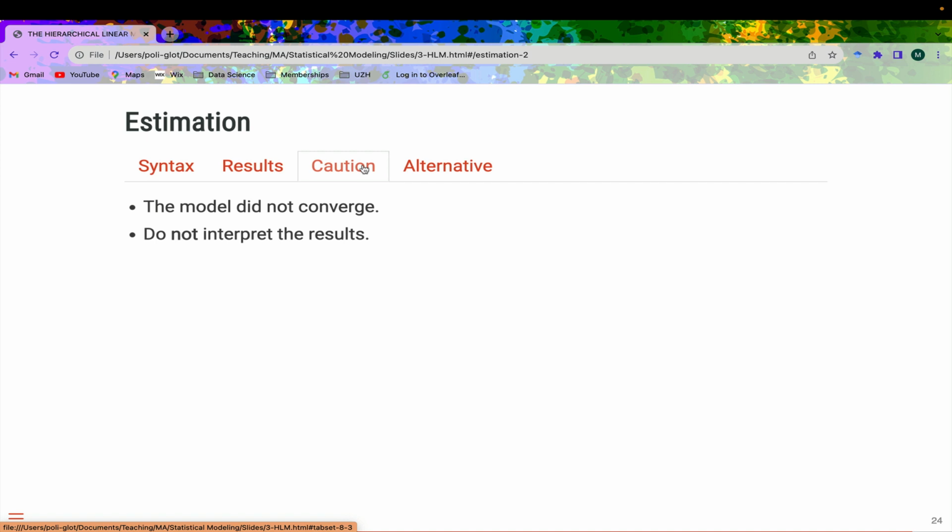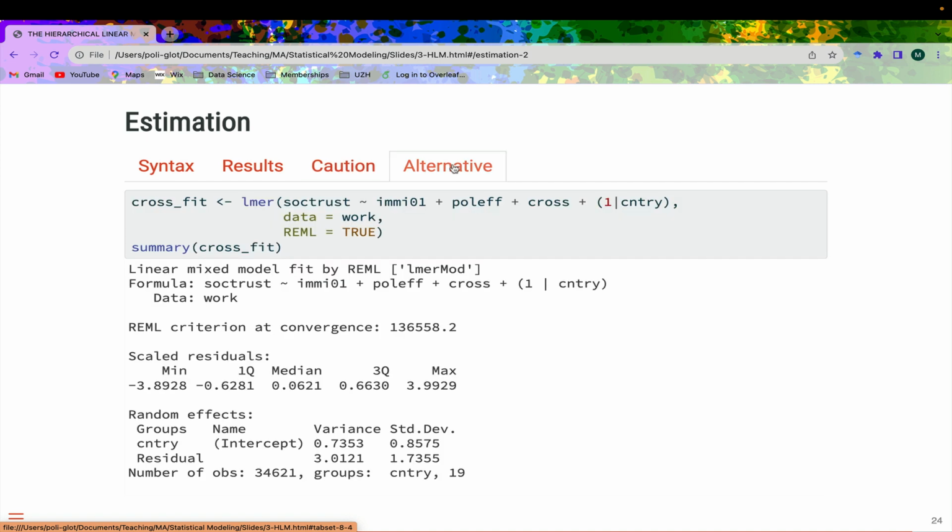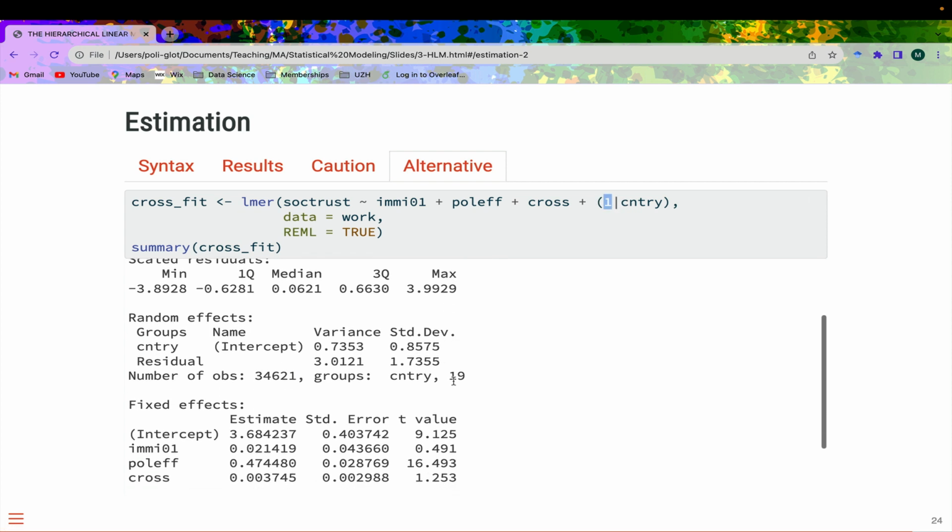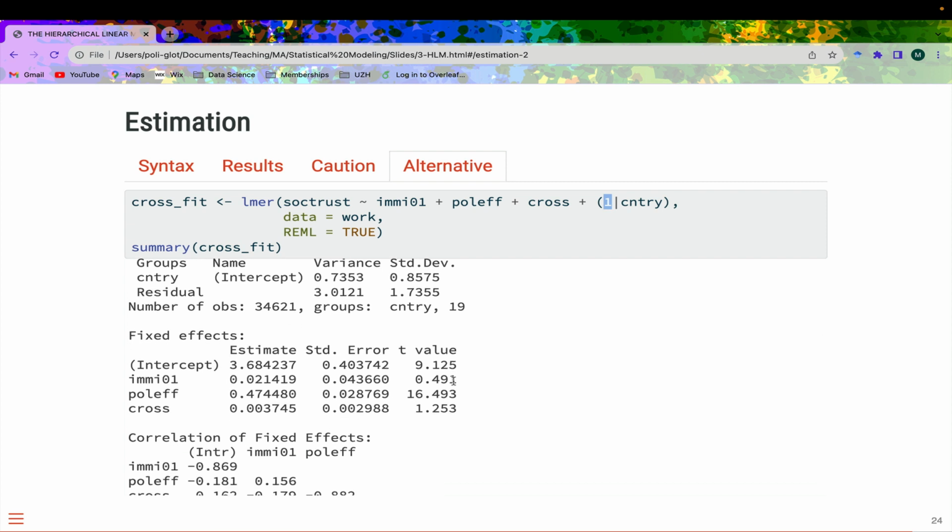Now what we sometimes do when we get these problems is simplify the model by saying, well, let's go back to a random intercept model, and of course that does converge. If you look at that, you will notice that the effect of immigration, just like Hoge et al. argued, doesn't really do anything. And this cross-level interaction doesn't really do much of anything either when it comes to the effect of political efficacy.